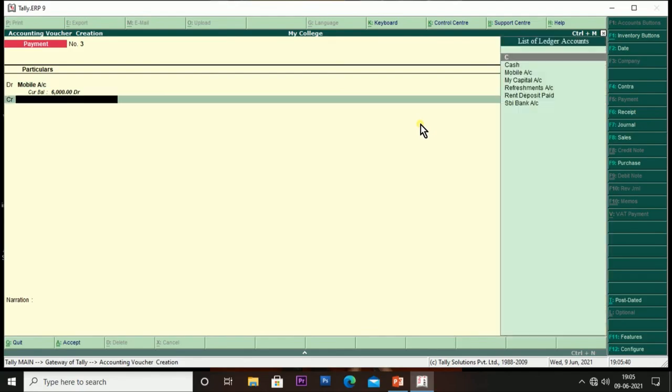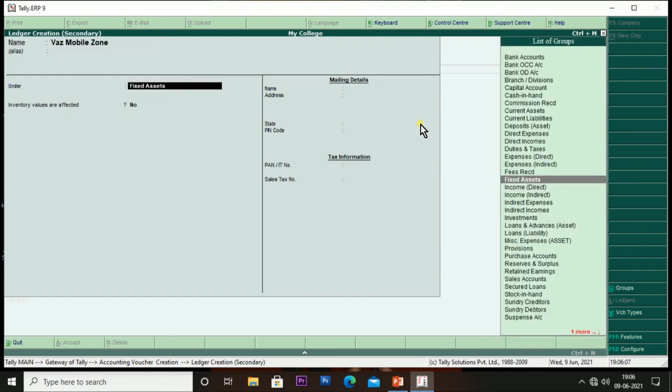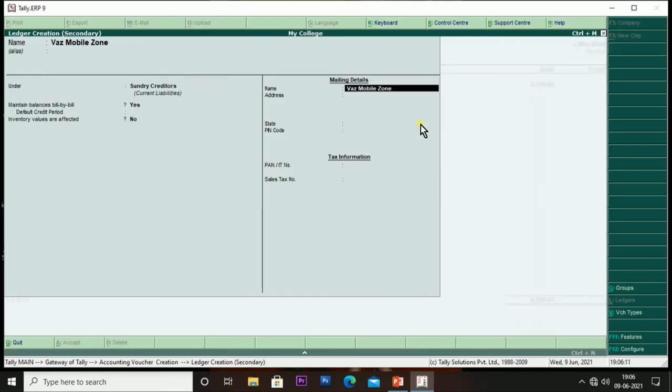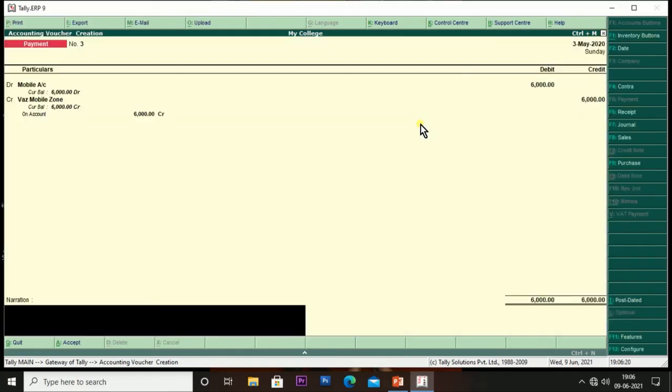I will take the party as Vas Mobile Zone, under sundry creditor. Now I'll try to save this one.